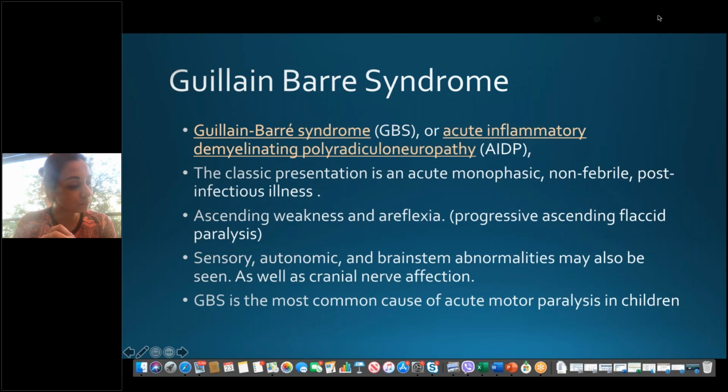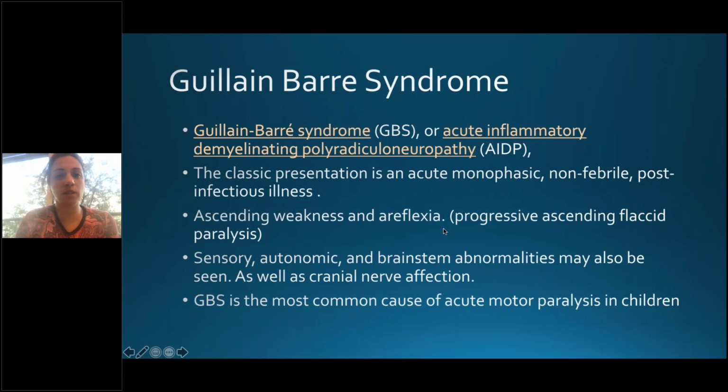And in some cases, we have something called Miller-Fisher syndrome, which you probably know. Miller-Fisher syndrome is a triad of areflexia, ataxia, and ophthalmoplegia, and also another form where the ocular nerves are affected. So that is pretty much Guillain-Barre syndrome in a nutshell.